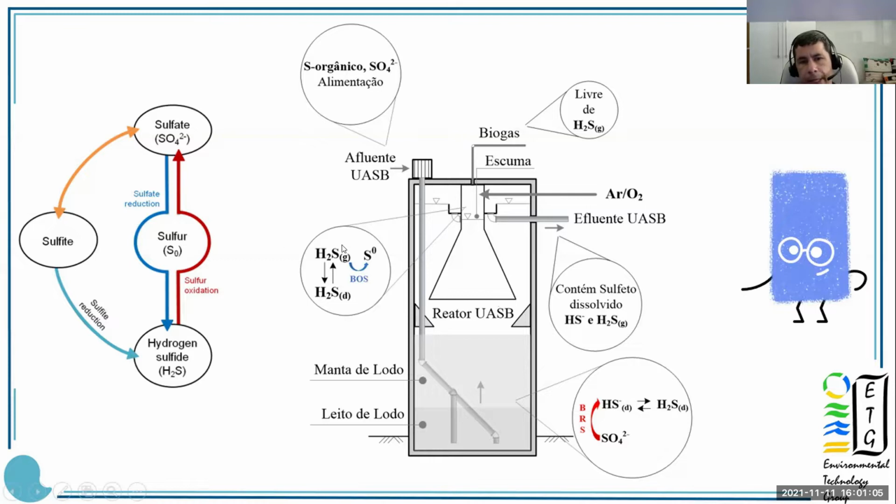Also, due to the equilibrium between hydrogen sulfide in the dissolved form and the gaseous form, part of the hydrogen sulfide is recovered in the biogas, and part of it is discharged in the effluent together with the dissolved sulfide produced in the bioreactor.